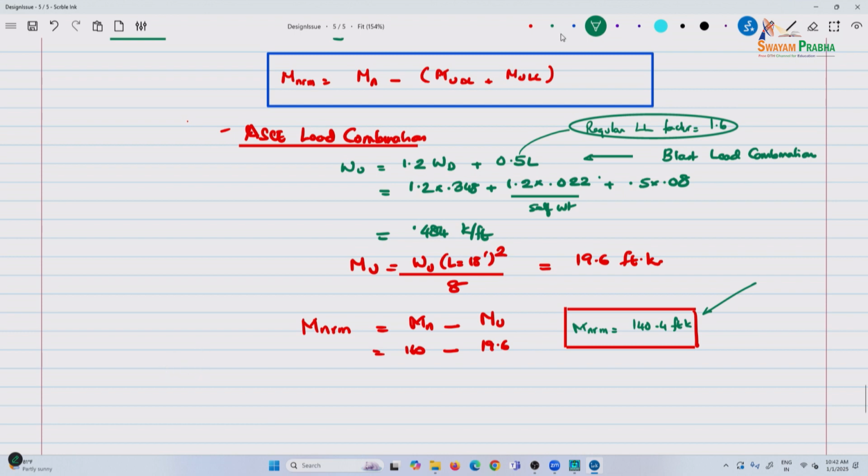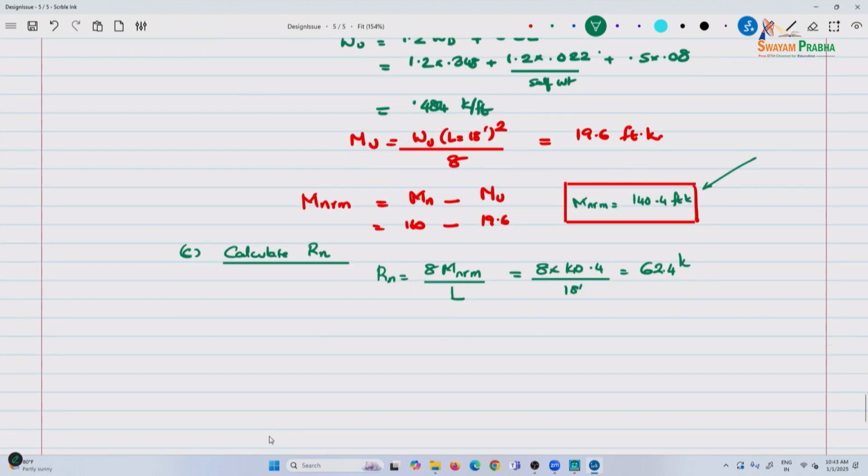Then we calculate the Rn, and Rn is 8 Mn Rm divided by L. So, 8 times 140.4 divided by 18 feet. So, value is 62.4 kips.